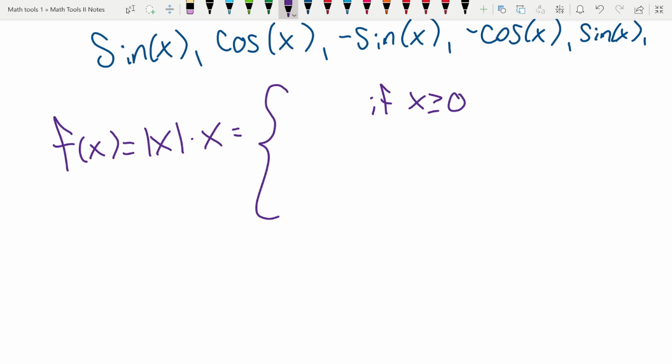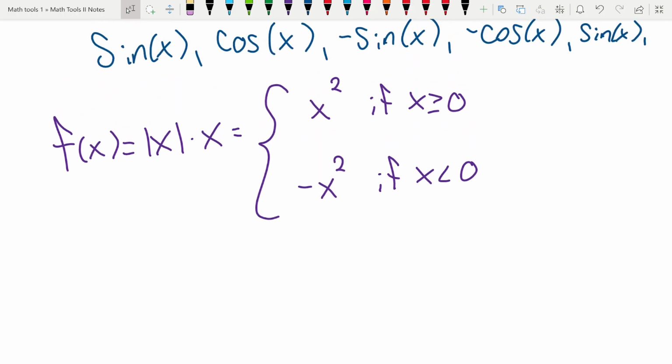So for multiplying by x, this is going to be x squared if x is greater than or equal to 0. And likewise, it's going to be negative x squared if x is less than 0. Okay. So you should be able to easily show that this is continuous at 0. Though again, it doesn't matter for differentiability purposes, right? Because continuity doesn't give you differentiability.